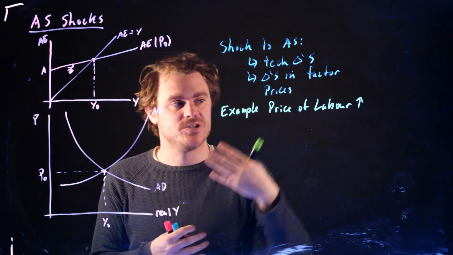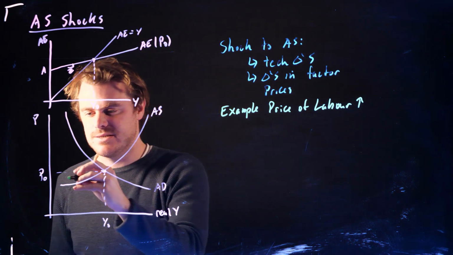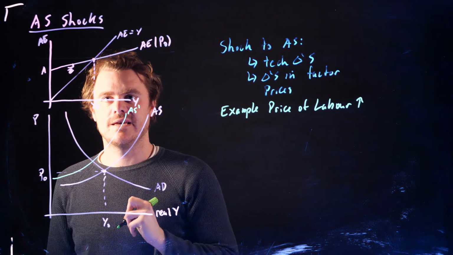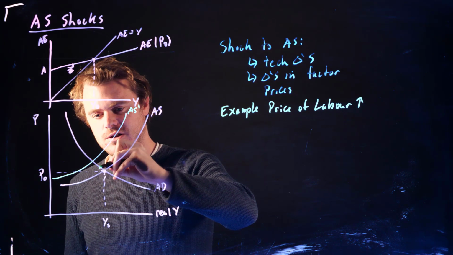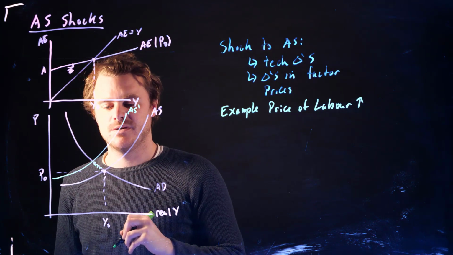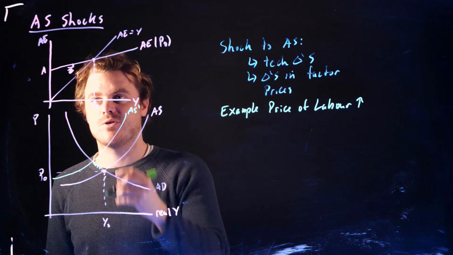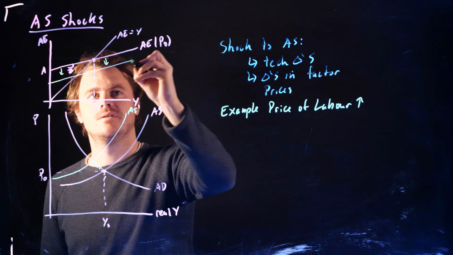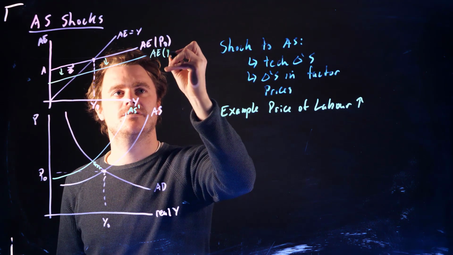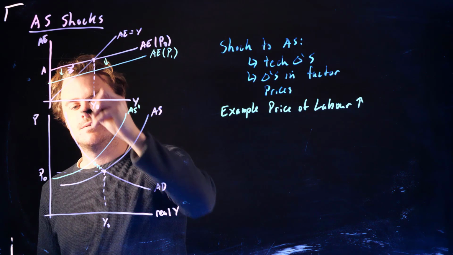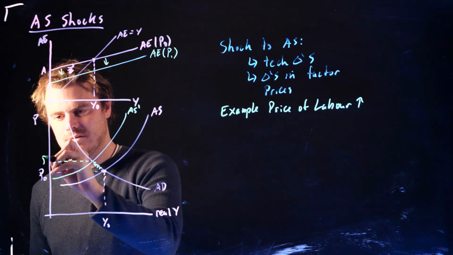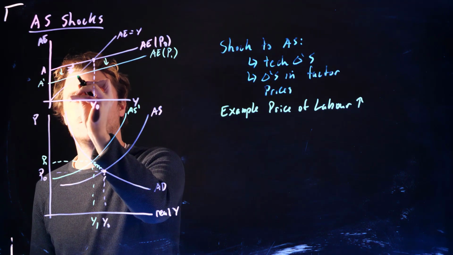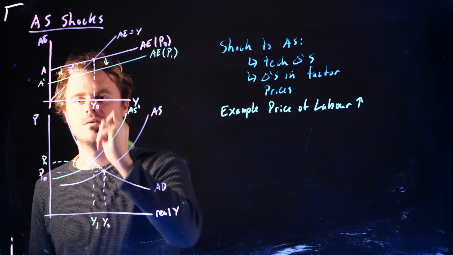It's more expensive to produce things if the price of labor has increased. So the AS curve is going to shift to the left, to here, and we're going to move along this demand curve, which is corresponding to a rise in price. Remember, when price level goes up, this AE curve shifts down. We're going to get this new equilibrium down here.